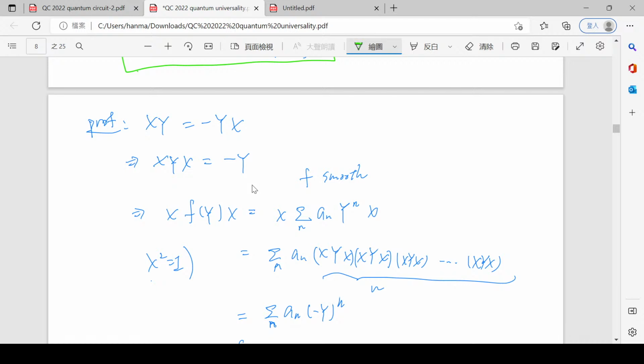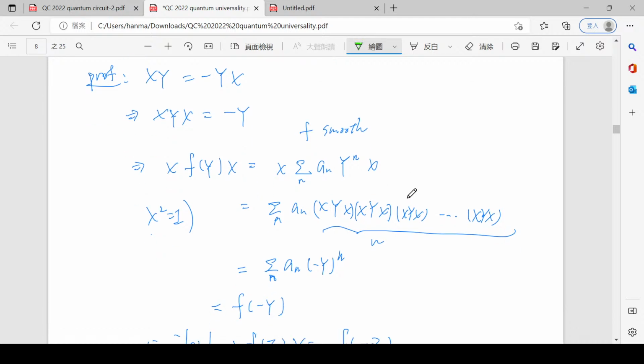And then from here, you can derive what happens when you sandwich a function of y. We always assume our function is smooth, and it can be written as a Taylor expansion because that's how we define it, kind of. Because that's just easier. So a function is defined this way. Then we write it in Taylor expansion.